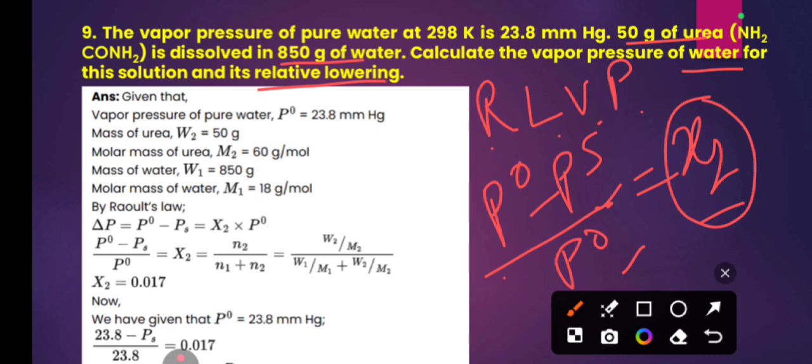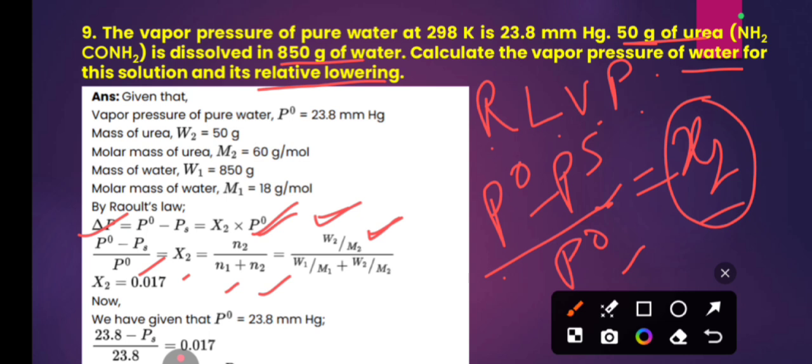So now you can see here: P naught minus PS by P naught is equal to X2, and X2 is equal to N2 by N1 plus N2. Again you know N2 is equal to given mass by molar mass. So everything is given to you. Given mass of urea is 50 gram. Molar mass of urea you can solve, that we have solved here.